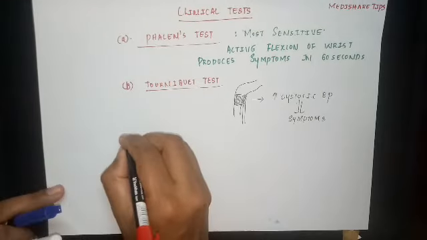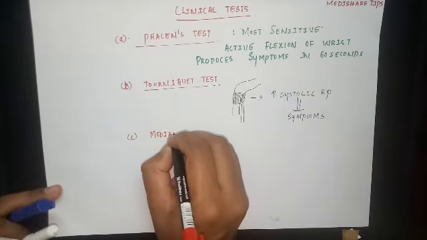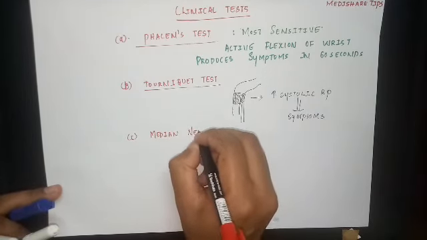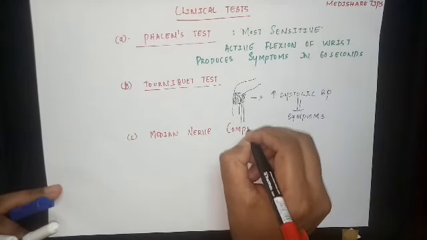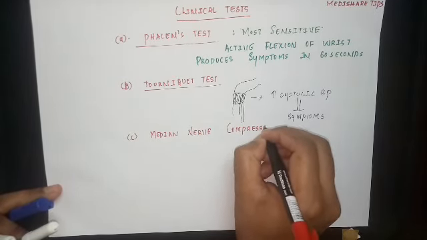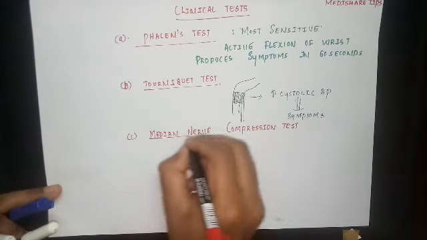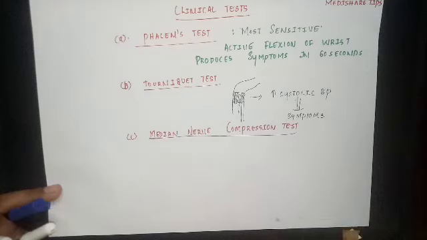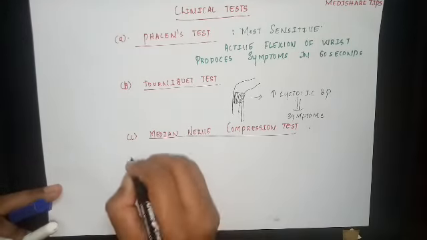Other provocative tests include the median nerve compression test, in which we compress the median nerve at the wrist. If this action produces tingling, numbness or paresthesia, the test is considered to be positive.